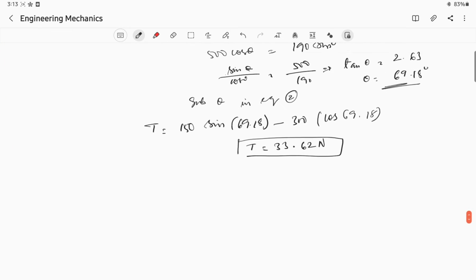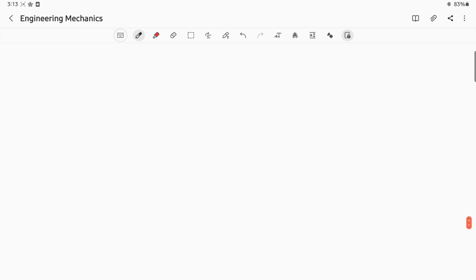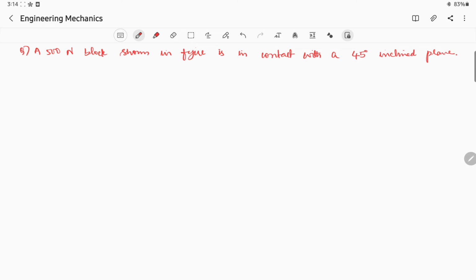So here the question is, a 500 Newton block shown in figure is in contact with a 45 degrees inclined plane.